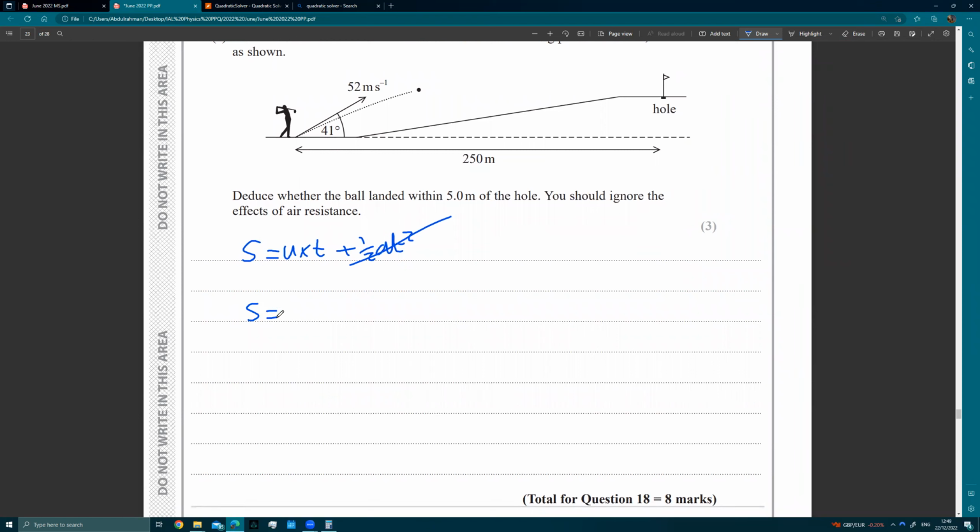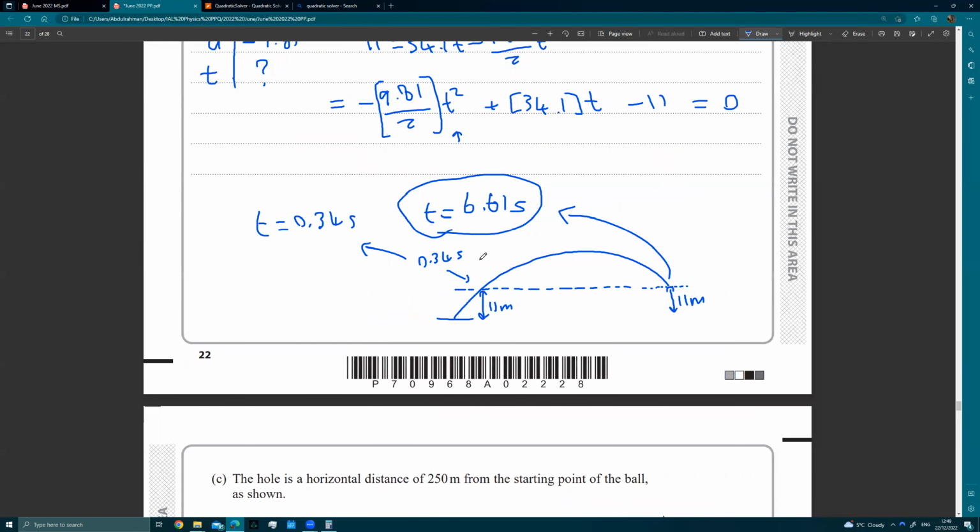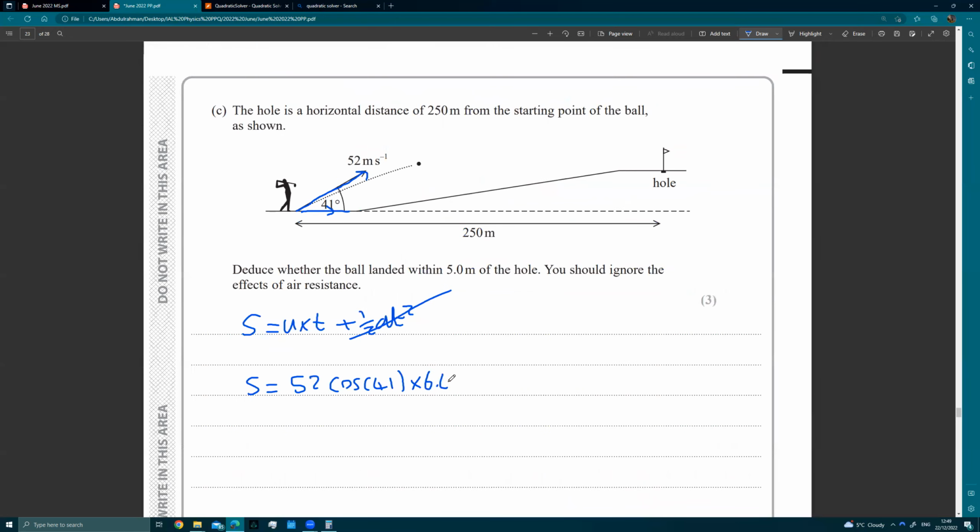So S is equal to the initial velocity, which is 52 cosine 41. That's the horizontal component of this initial velocity, which we have to use because we're doing horizontal motion, multiplied by the time from the previous question, 6.61.